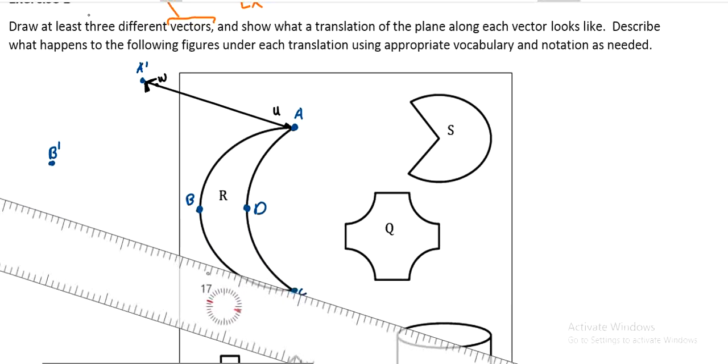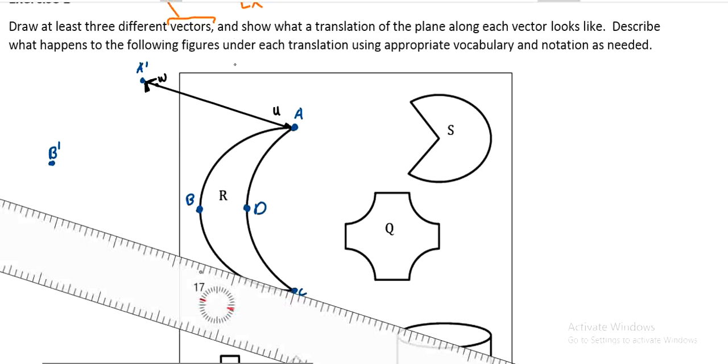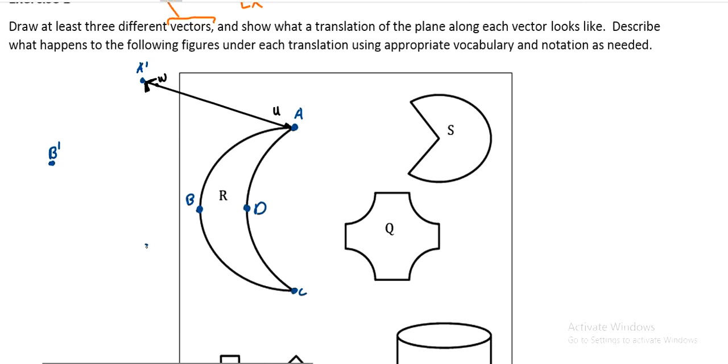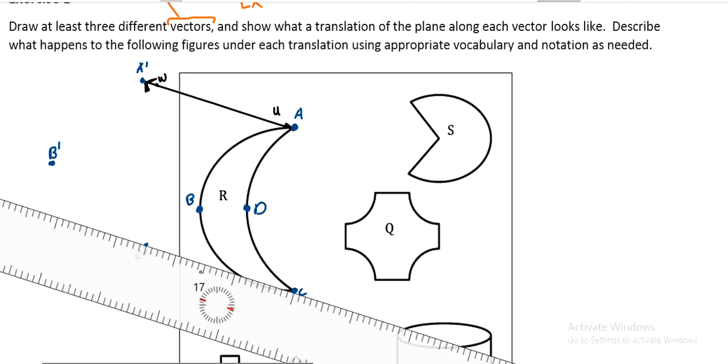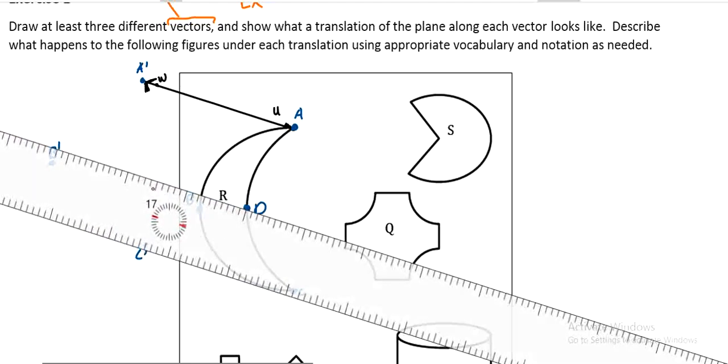C is right there. 10, 20, 25 is right about there. So there I have my point C prime. And one more, which would be D prime, there we are.